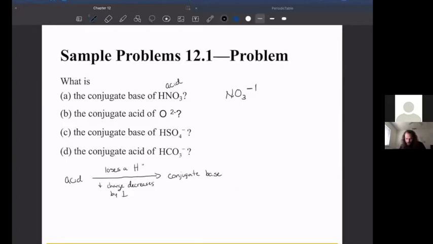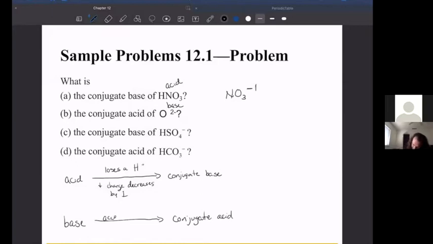All right, so let's now go to our next example. What is the conjugate acid of O2-, the oxide ion? So I'm looking for the conjugate acid. That means that this is playing the role of a base, right? So going from base to conjugate acid, what do bases do?